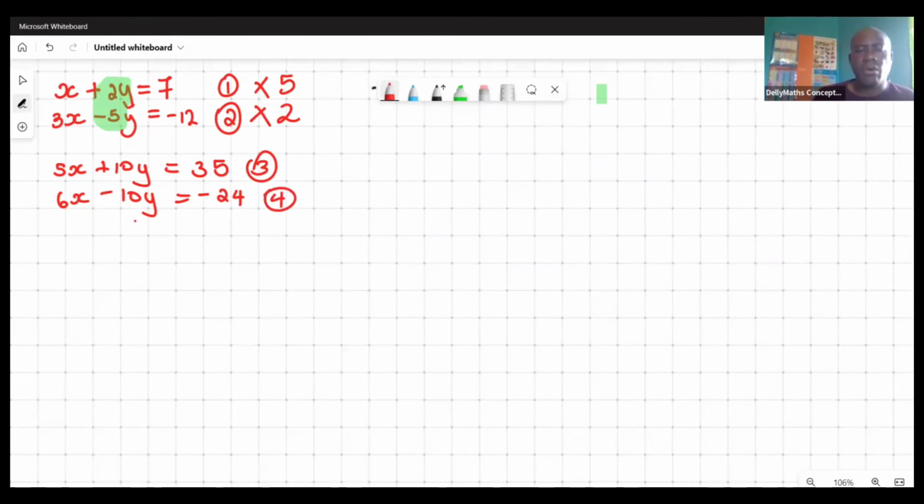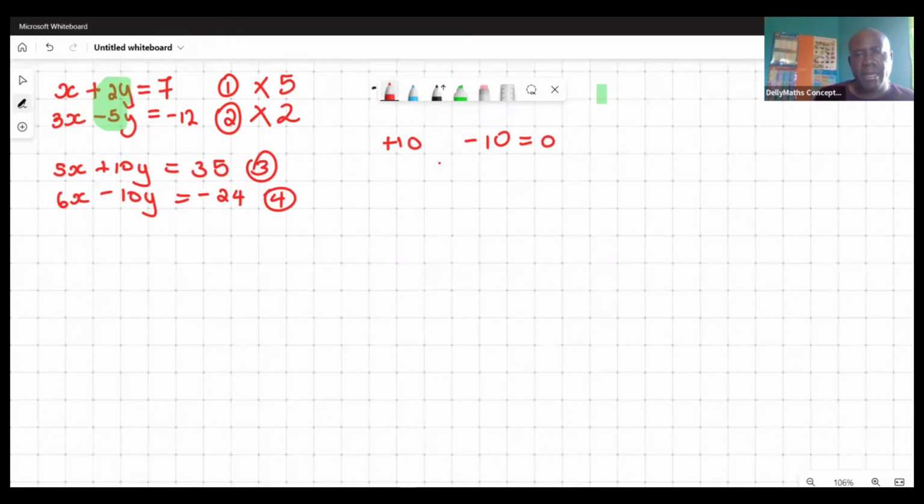At this moment, the focus is on equation 3 and equation 4. Remember, we had decided to eliminate the y variable. We have a positive 10 and a negative 10. What can I do so that it's completely eliminated to get a 0?